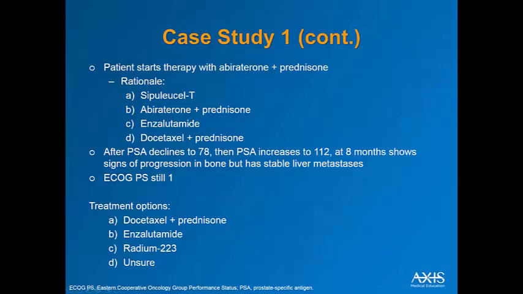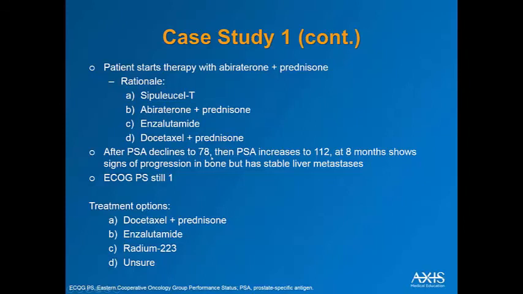Enzalutamide, good drug, good response rate. This particular patient ended up on Abi-Pred instead of enzalutamide. Docetaxel is a chemotherapy, perfectly appropriate to start this patient on chemotherapy, but only a minority of the patients in America today are starting on chemotherapy.